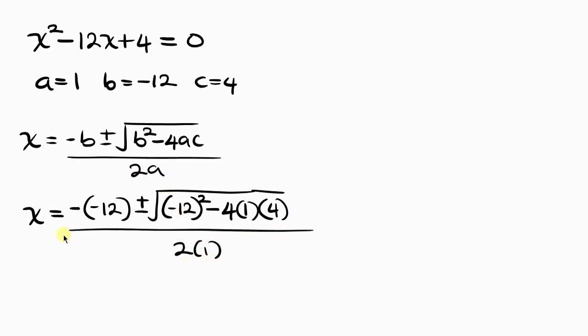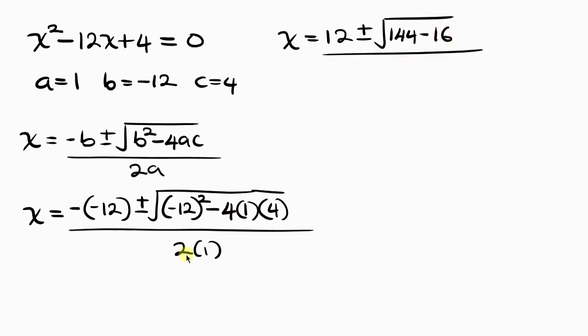So this simplifies into x equal to, now, minus times minus gives plus, so this becomes positive 12 plus or minus the square root of, now negative 12 squared is 144 minus, now 4 times 1 times 4 is 16, so all over 2 times 1 is 2.